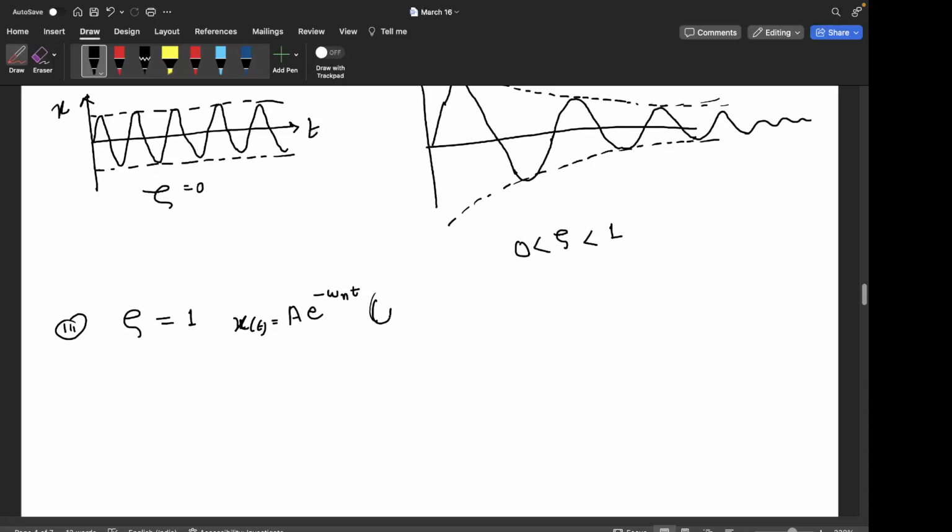What you can see is in omega d times phi. That was the case, right? When xi is between 0 to 1.